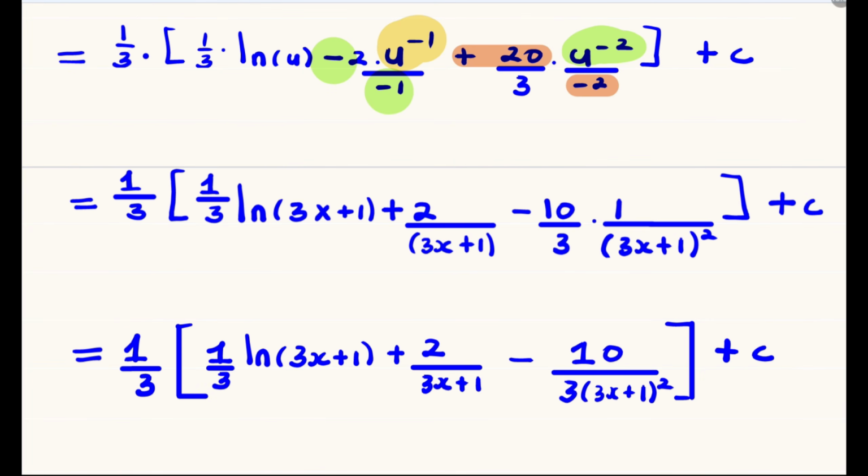And if you like, you can distribute that 1 over 3 inside the parentheses. And friends, this will be our answer for question 3.1.